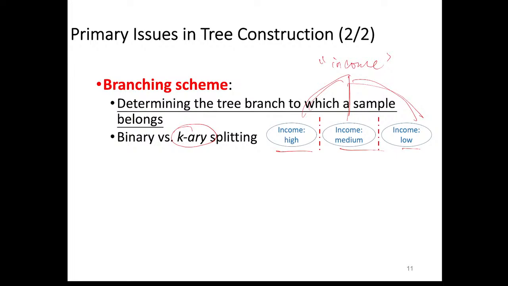So in those situations, if you have an income which is high, medium, or low, you could only ask questions like, is income low or not? If income is low, you are here. If income is not low, then these two belong to one group. So it's a binary split.